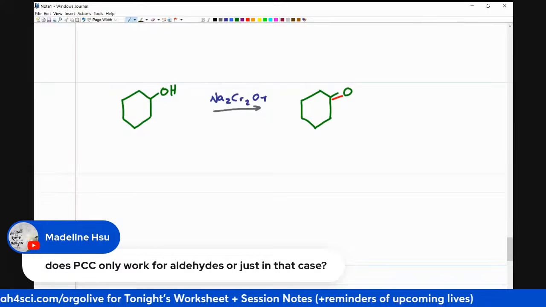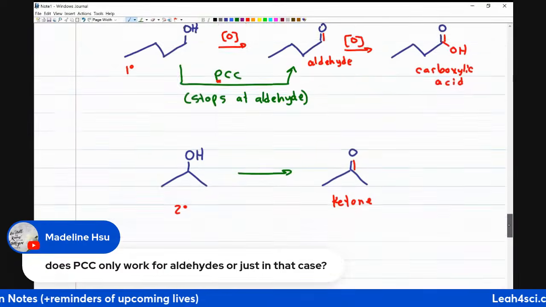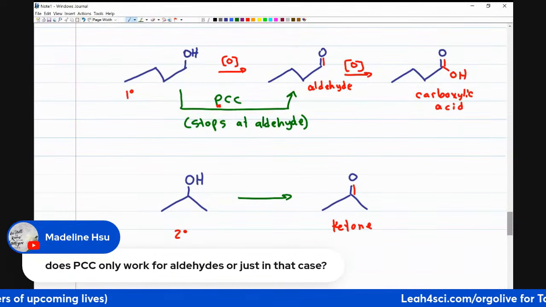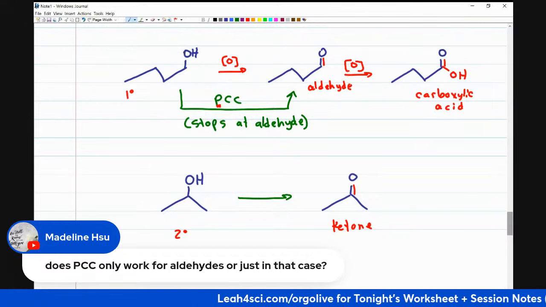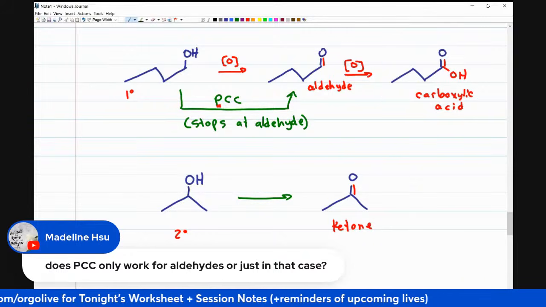Question, does PCC only work for aldehydes or just in that case? No, it's not that PCC only works for aldehydes. Let's go back. PCC is a reduced capacity oxidizing agent, means it's not very strong. And so after the aldehyde, it does not have the strength to keep going and form a carboxylic acid.